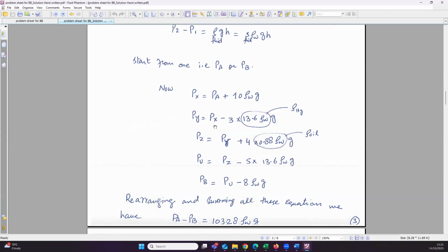If you just cancel out, for example, here you have Px, and if you subtract Px, it will cancel out Px. Similarly, here you have Py, and if you subtract Pz, it will cancel out. So obviously the signs will change. So you solve these equations by rearranging, so that you get Pa minus Pb. And whatever the value will be here, you solve it further.